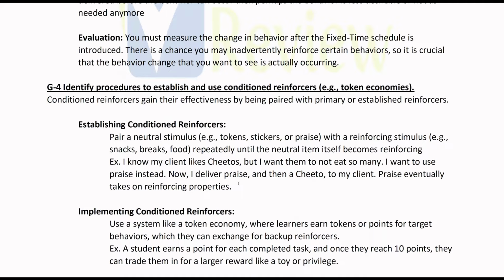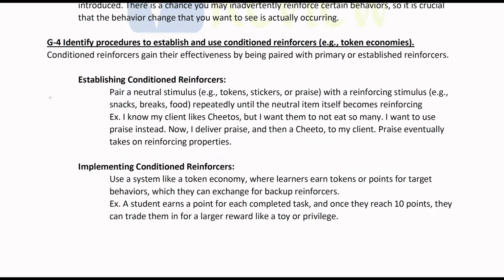G4, identify procedures to establish and use conditioned reinforcers. What is a conditioned reinforcer? We also call these secondary reinforcement. Okay, these are reinforcers that are paired with primary or established reinforcement. So if you take a neutral stimulus and you pair it with something that is already reinforcing, we can create this conditioned reinforcer.